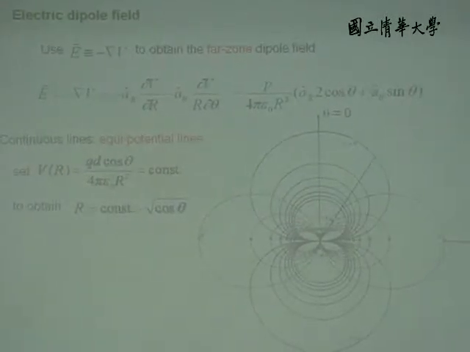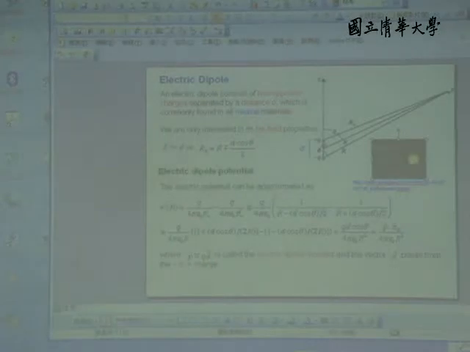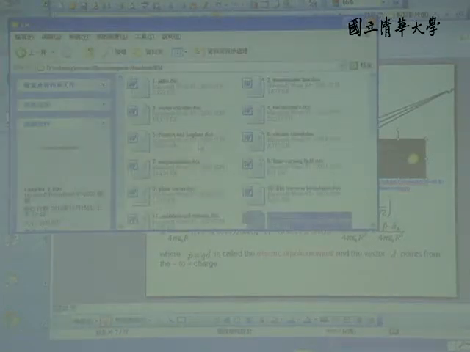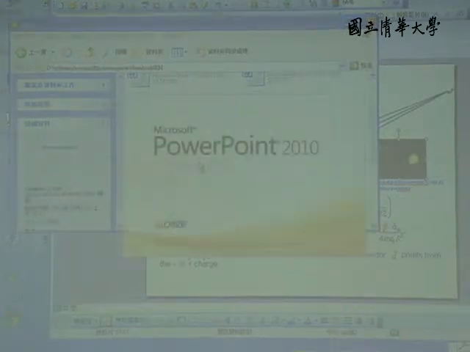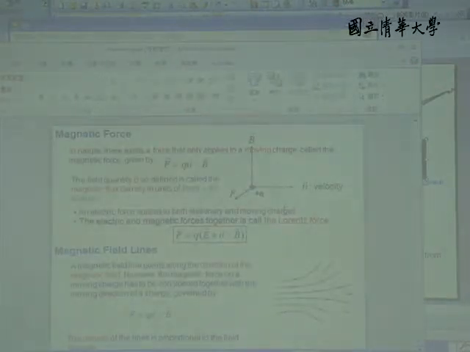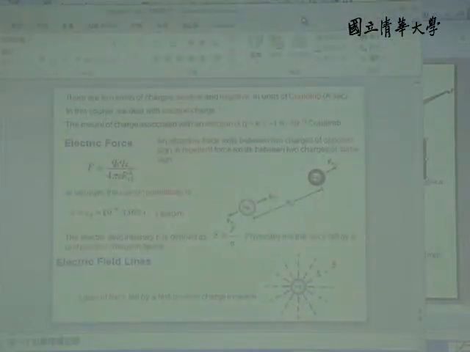Okay, good. Now, if you want to understand the distribution of the electric field, then we can draw electric field lines. At the very beginning, in the early part of the course, how do we define an electric field line? If I go back to chapter 1, there's a definition for the electric field line. So everything is predefined. Okay.